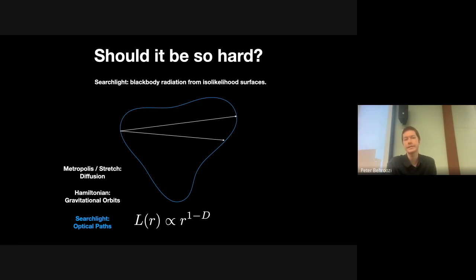If you glue a flashlight, or a searchlight in this case, to one point in your probability distribution, and you shine out light rays and ask what the intensity of light is where they fall, that scales as the distance to the power 1 minus the number of dimensions. And that's reversible. If I glue another searchlight onto this location, then the intensity of light that reaches over here will be exactly the same. It'll just scale in the same way with distance.